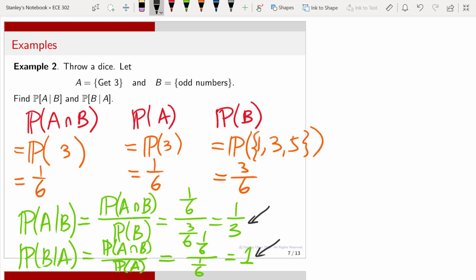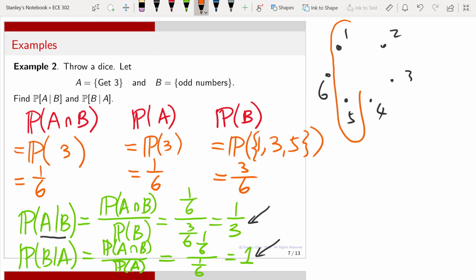Now, the conditional probability of A given B says that suppose I have got an odd number. Okay, so among these 6 choices, 1, 2, 3, 4, 5, 6, I have 6 choices, and then I assume that B has already happened because I'm looking at the conditional probability of A given B. So assume that B has already happened.